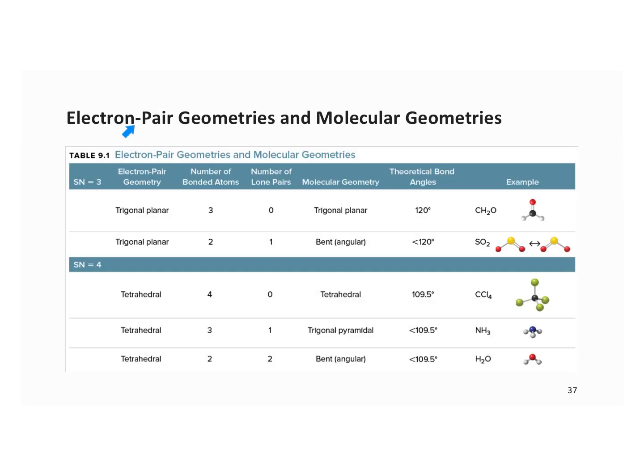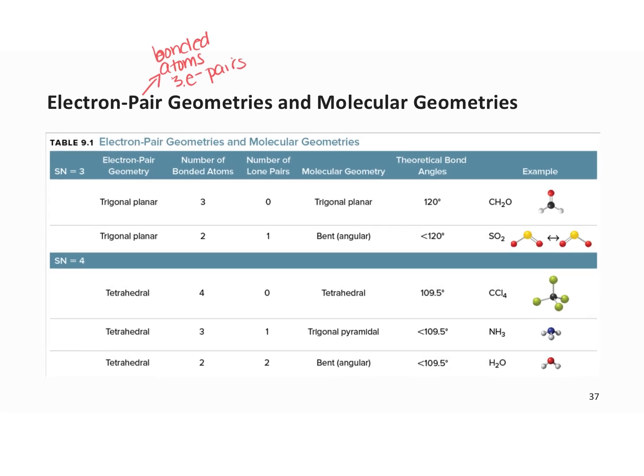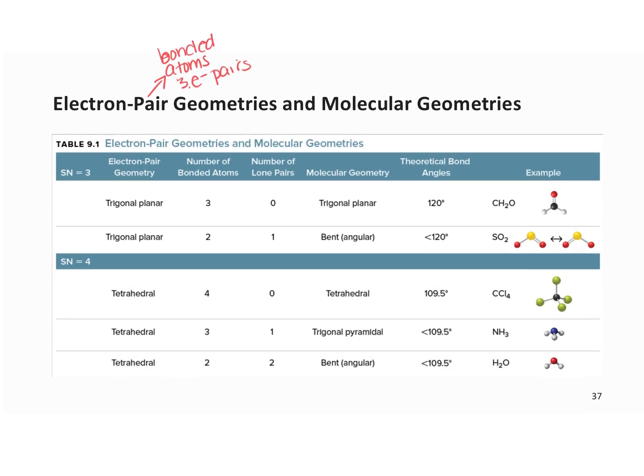So when we talk about electron pair geometries, when you're counting, this is bonded atoms and electron pairs, so basically groups. If we look here, this is CH2O, we've got a central atom here, and we've got 1, 2, 3 groups around it. So those are the three groups.